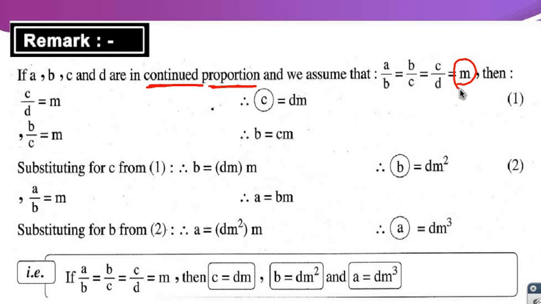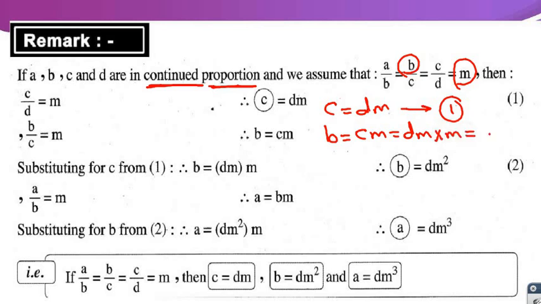Then C equals DM, number 1, and B equals CM, where C equals DM, so B equals DM times M equals DM squared, number 2, and A equals BM, which equals DM squared times M equals DM to the power 3.